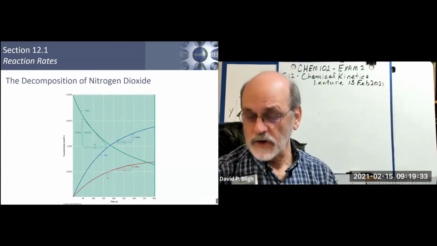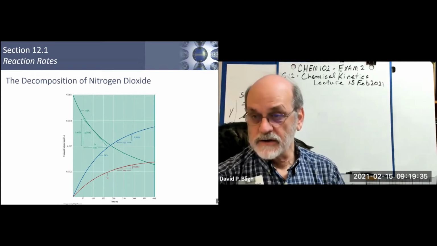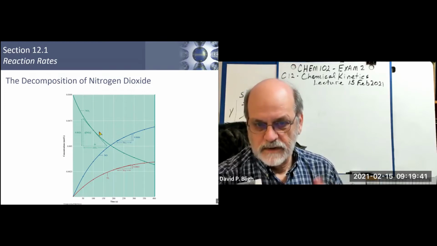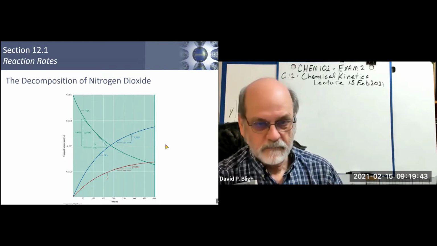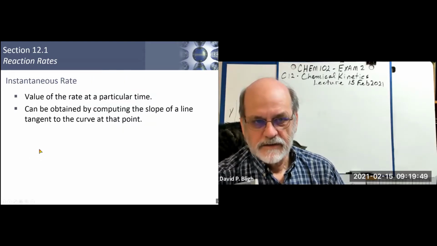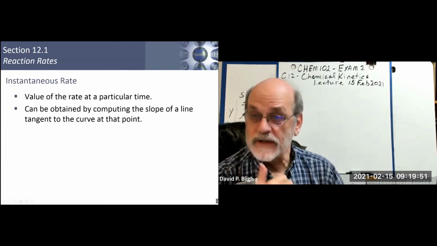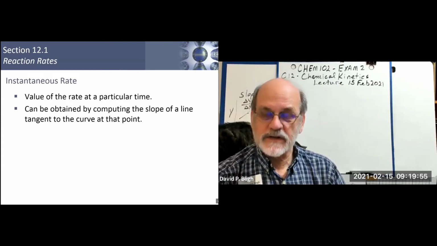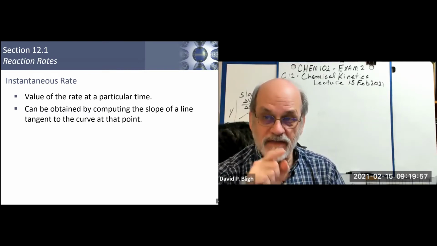Now, in mathematical terms, calculus, that's called the derivative at that point. So it's easy to calculate. Okay. So this instantaneous slope or instantaneous rate is characteristic of that reaction at that point.